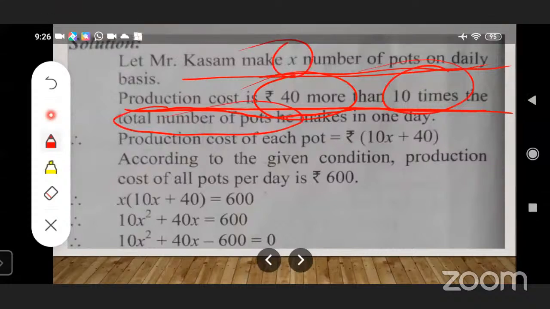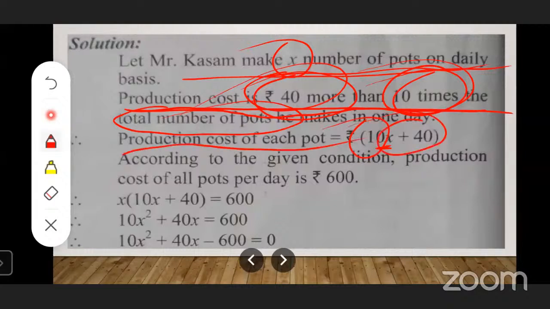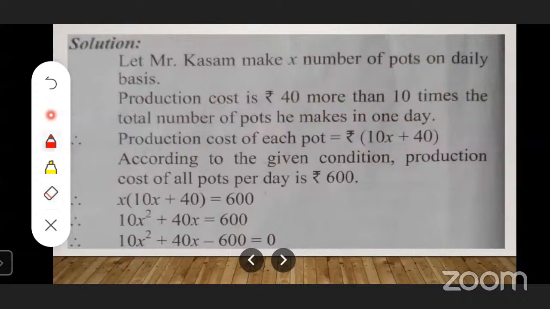The total number of pots is X. Its 10 times will be 10X and 40 rupees more. So you will get the production cost of each pot as 10X plus 40.